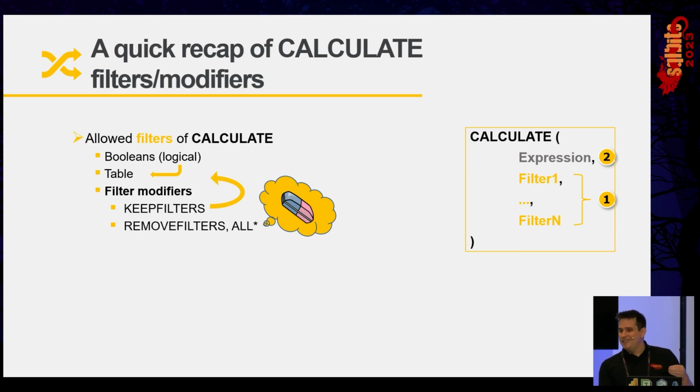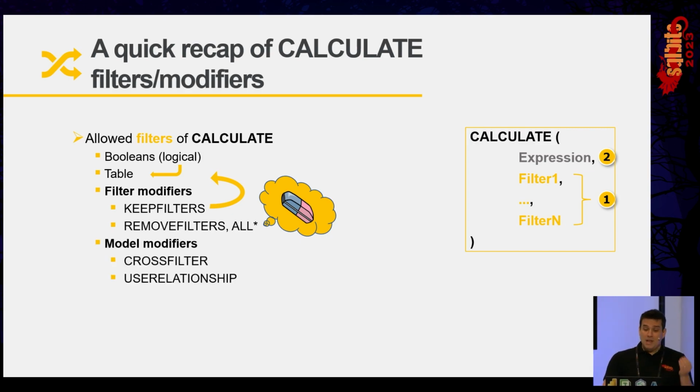We also have REMOVEFILTERS or ALL. That's like a rubber. We can erase some previous filter that might have been active, so we can calculate a specific expression. And we have model modifiers. We are no longer talking about changing filters. We're talking about changing the model.